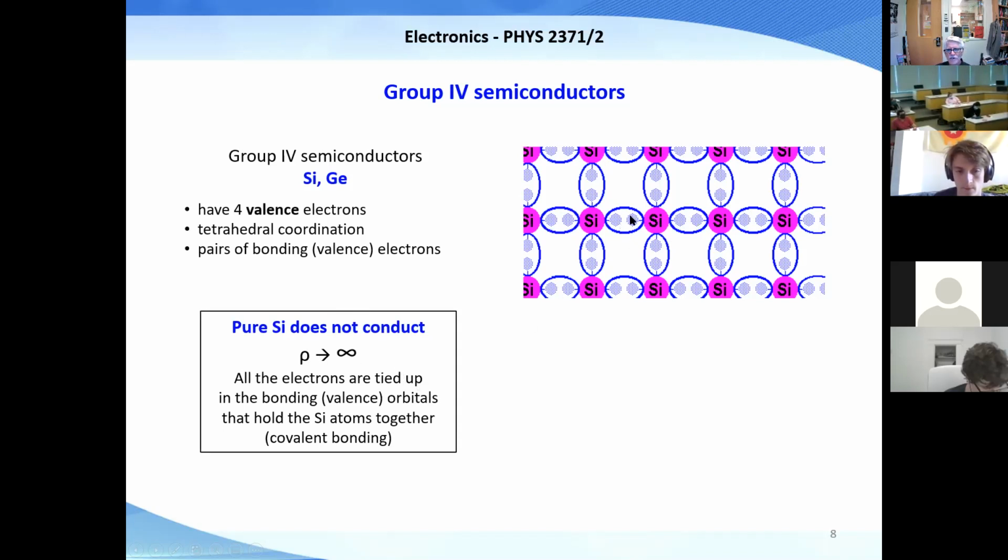All the electrons are tied up in these bonds, so if you apply an electric field, there's no way to move an electron. There's no space for it. Even if you take an electron out of one of these bonding places, where do you put it? If you took an electron out of here, you couldn't put it anywhere. So these electrons that create the conduction can't be moved.